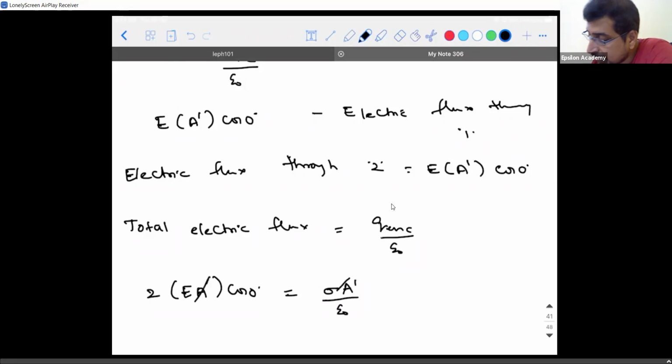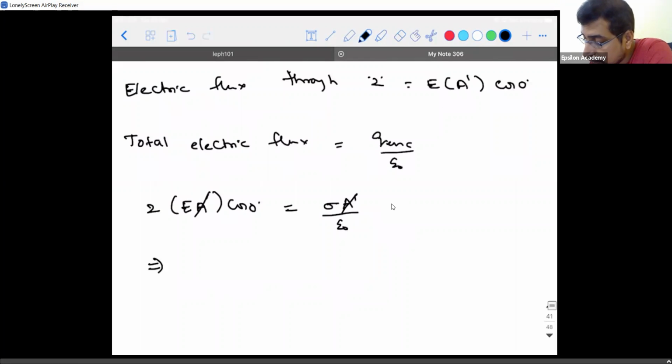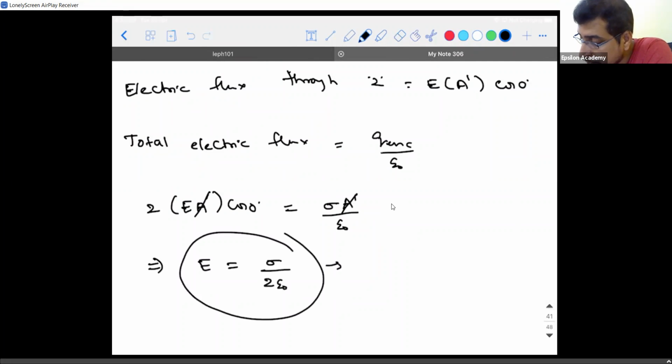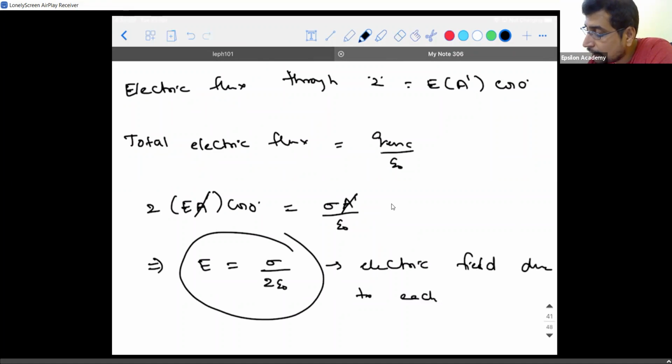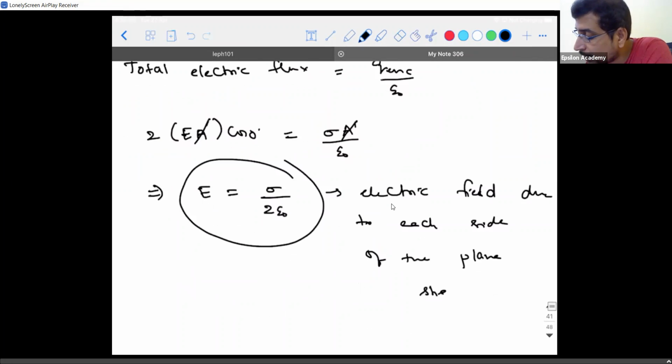A dash and A dash are gone. So what do you get? E will be equal to sigma divided by 2 epsilon naught. This is the value of electric field due to each side of the plane sheet.